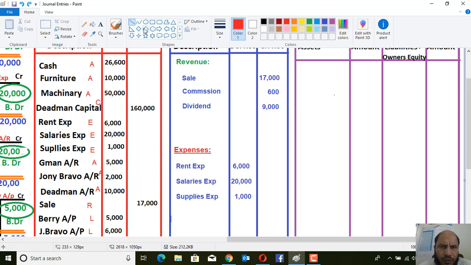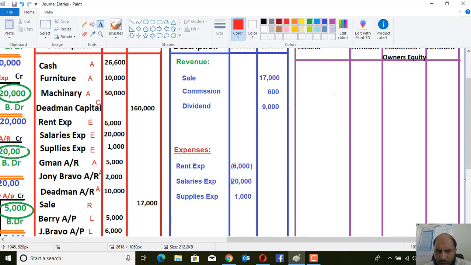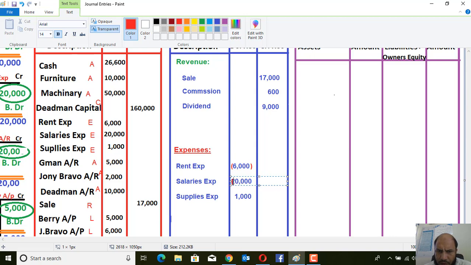Now dear students, those accounts that we will deduct, the rule of accounting is that we should put them in brackets. So 6,000 is the amount of money, and as per the rule we will deduct this from the amount of the revenue. That's why we will put this into brackets, and let's put this one in brackets also.